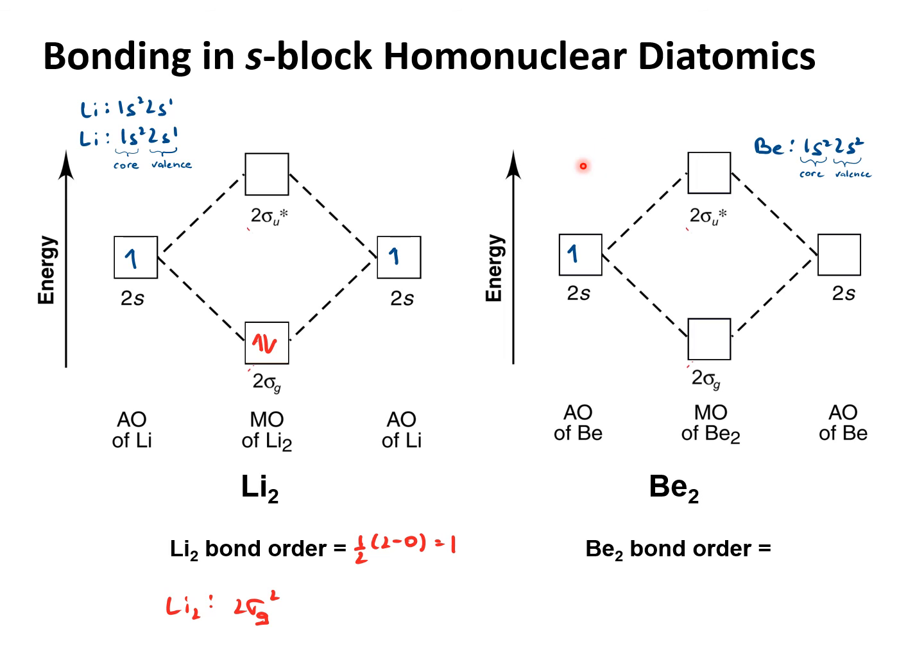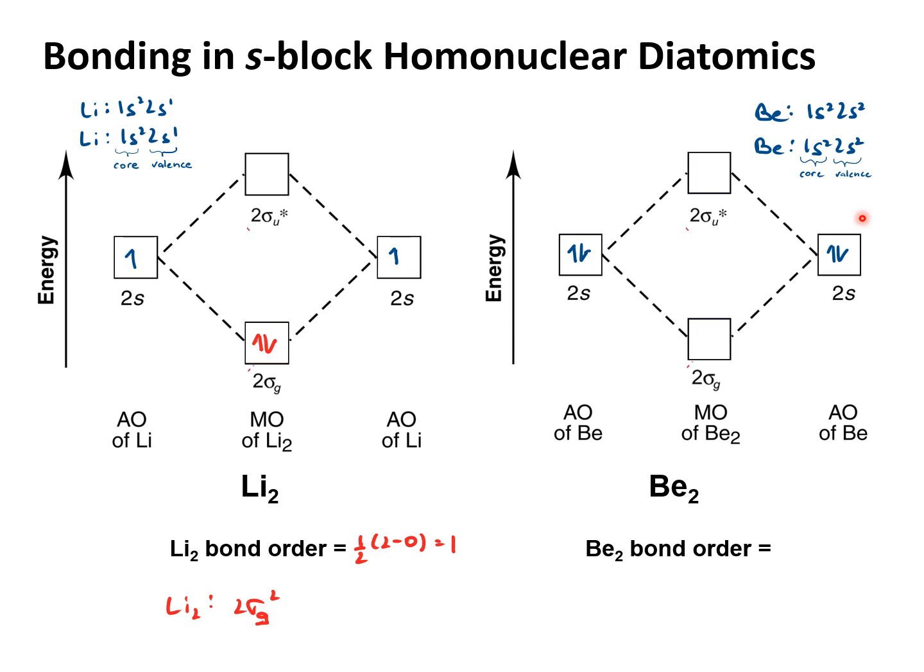So those 2 valence electrons would be placed in the 2s atomic orbital. There's the first electron, and the second electron would be placed in the same orbital, but spin down, or spin minus a half. The second beryllium atom also has the electron configuration 1s2, 2s2, and so again we would put 2 electrons in the 2s atomic orbital on the right.